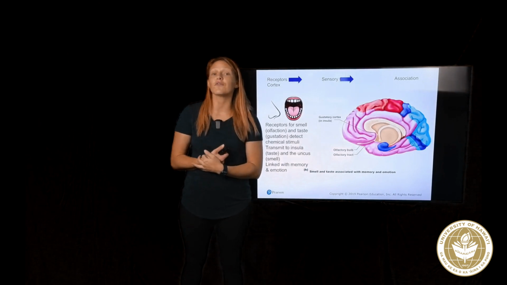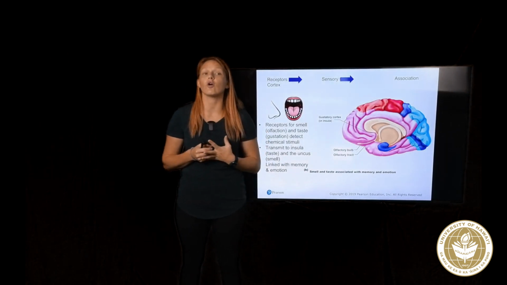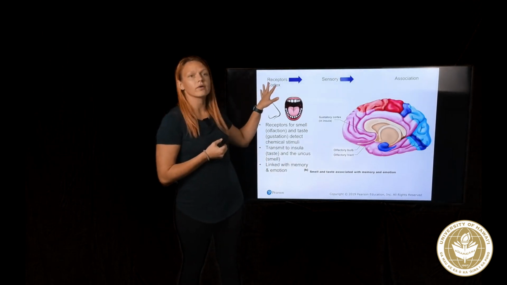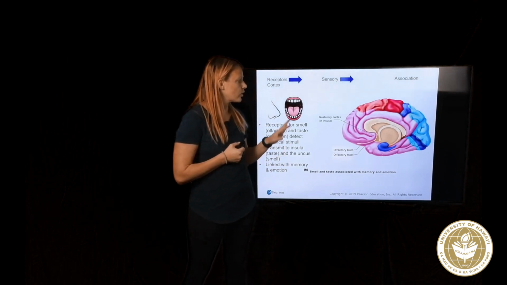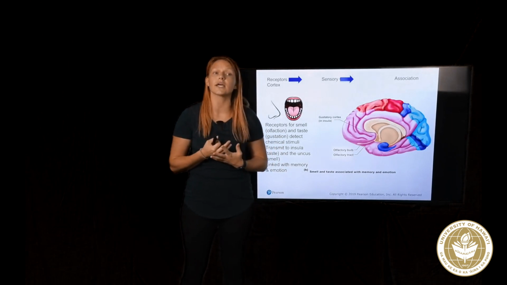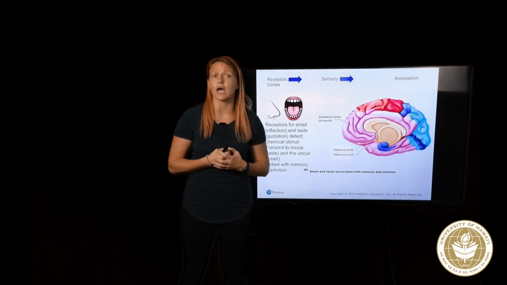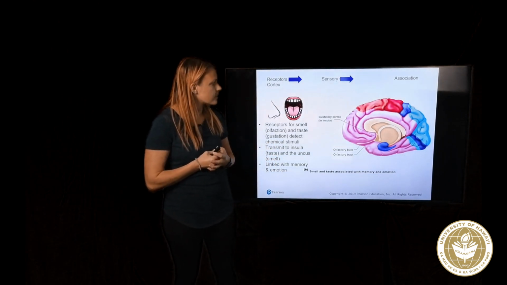Next, moving on to olfaction and gustation. So sensory info from our olfactory sense receptors. So we have our olfactory receptors in the olfactory bulb. They're going to go to the olfactory cortex. And the olfactory cortex is located on the base of the frontal lobe and the medial aspect of the temporal lobe in an area referred to as the uncus.